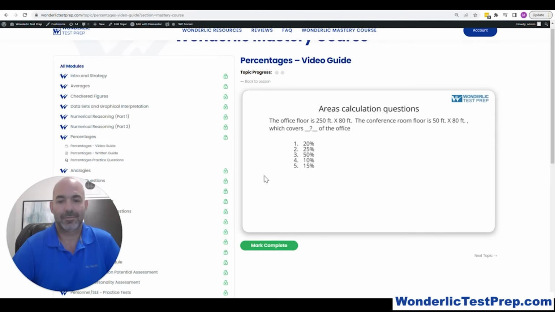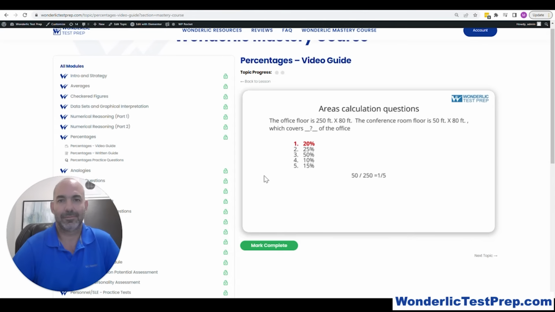Look at the relationship between the numbers. 80 feet stays the same as a factor in both areas. So you need to convert the portion of 50 feet out of 250 feet into a simple fraction. 50 is 1/5 of 250. 1/5 is 20%, and that's the right answer.